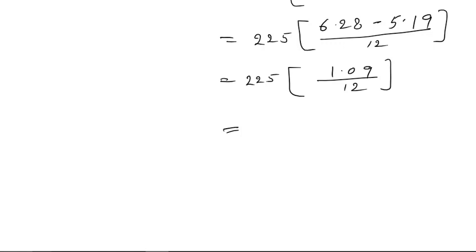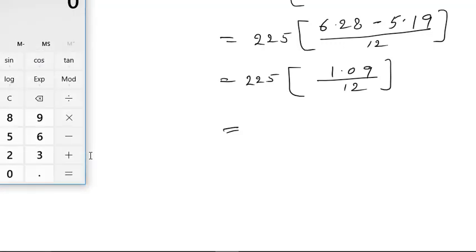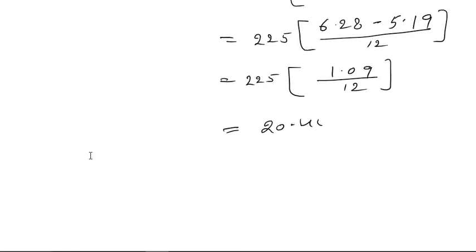As you are comfortable in calculation, I do this with calculator, but you have to do it manually. This 225 will be multiplied by 1.09 and we have to divide this by 12. So approximately we are getting 20.44 centimeter square. This is area of minor segment.